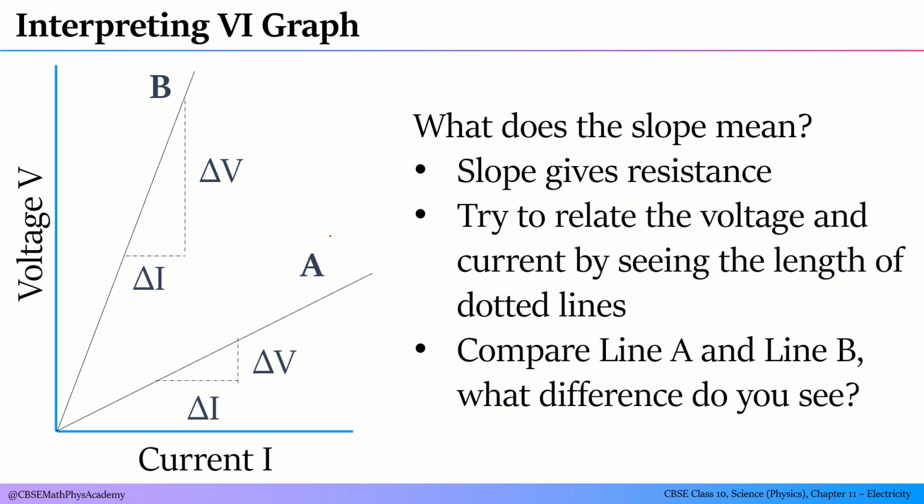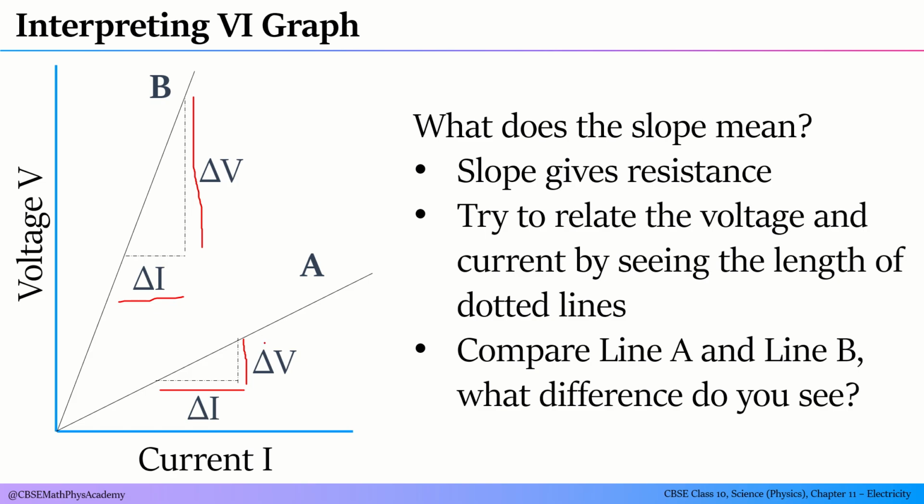One more inference I would suggest is to try to interpret or relate the voltage and current by seeing these dotted lines. There's a dotted line over here as well as a dotted line here for line B, the graph B. Similarly for A, you have a dotted line for voltage and a dotted line for current.